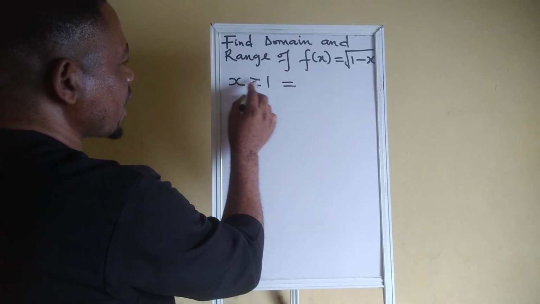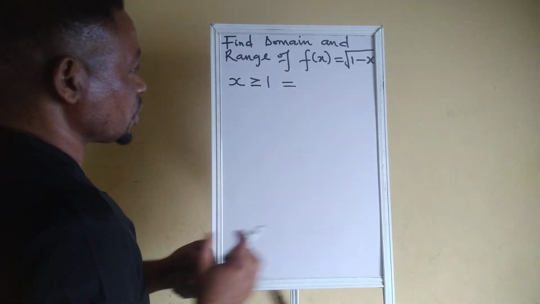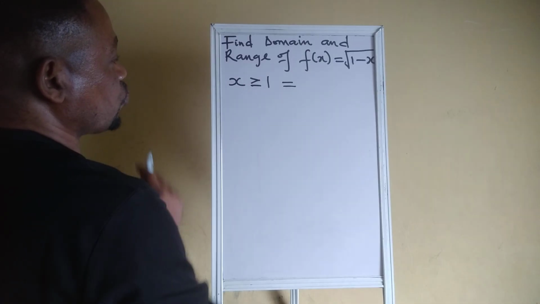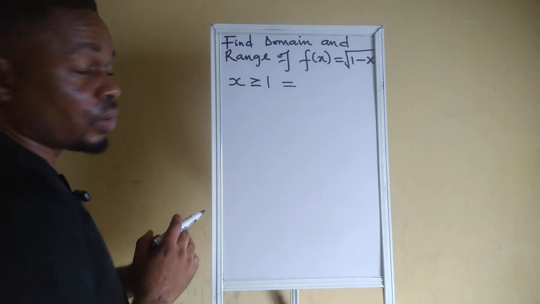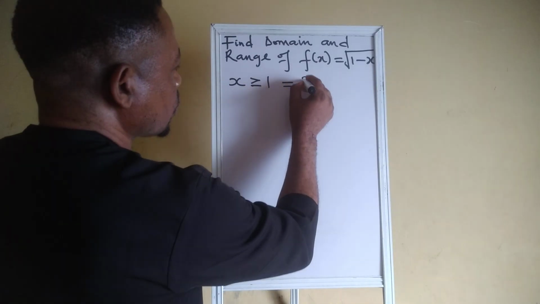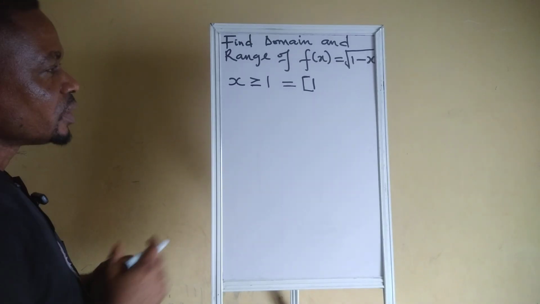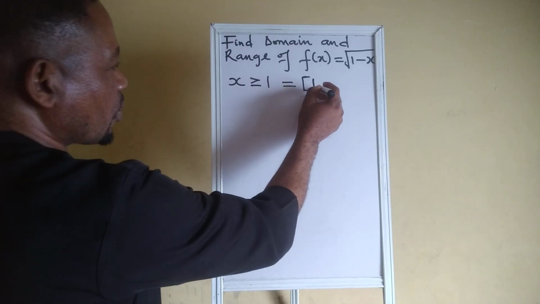Since it's greater and tending to positive infinity, I will start with the value that is given, which is 1 here. And because 1 is a member, which is the presence of equal to, I will choose the block bracket, like this, and introduce 1. The meaning of this simply means that 1 is a member, then comma.